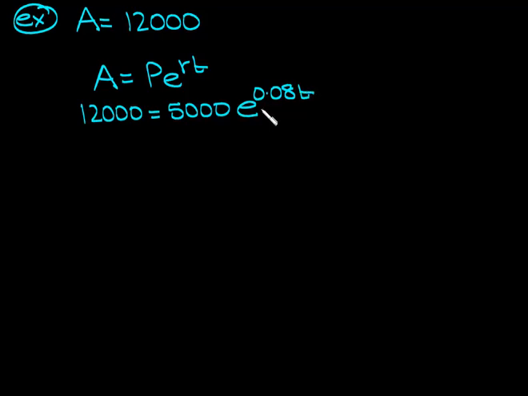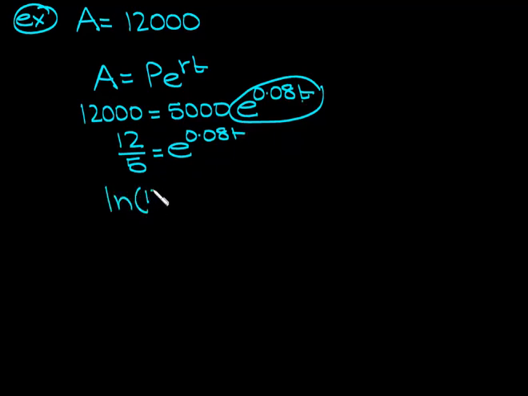Once again, I want to solve for t, unknown exponent, so I'm going to introduce log. So let's isolate this first. So divide both sides by 5,000, so you get 12 over 5 is equal to e to the 0.08t. We're going to introduce logs on both sides, so you get ln of 12 over 5 is equal to ln of e to the 0.08t. Bring the exponent in the front.